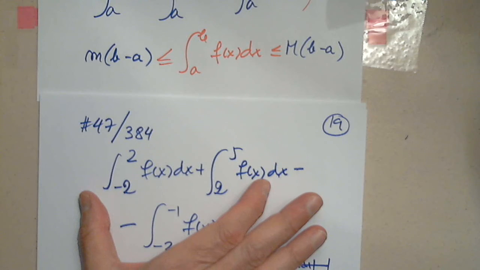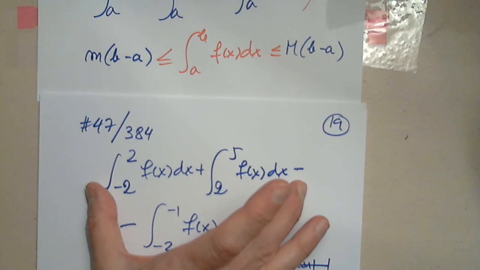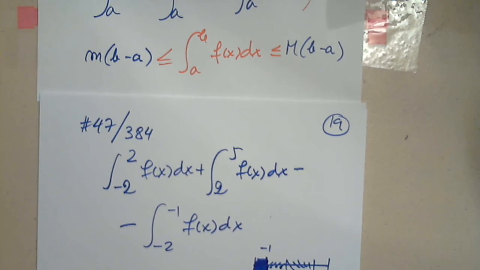So if we just condense these two, we have between -2 and 5, because we have between -2 and 2, and we have between 2 and 5. So these two are basically the integral from -2 to 5. But they are asking us to remove the integral from -2, or the area between -2 and -1.